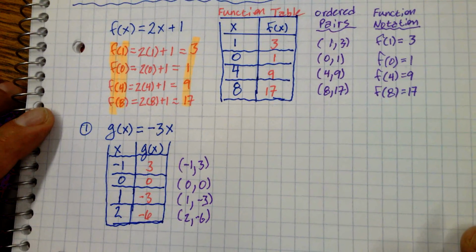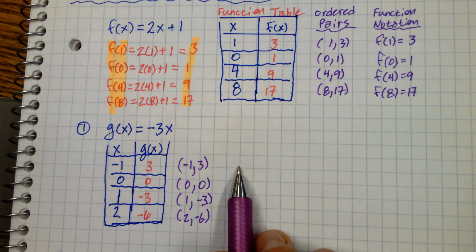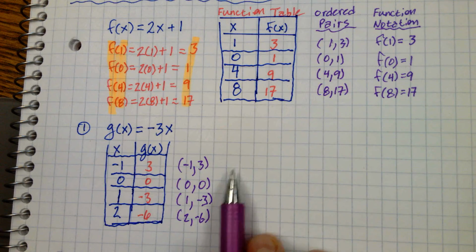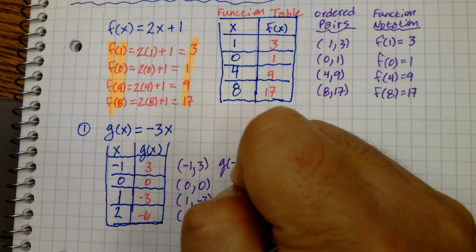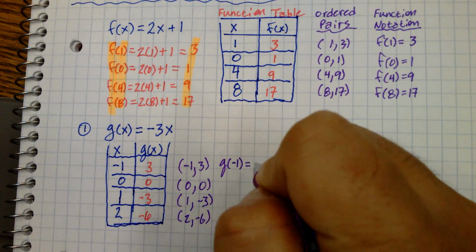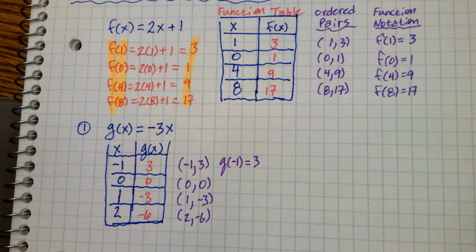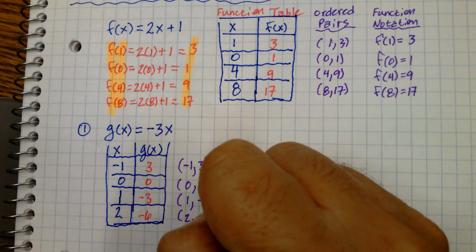You have to be careful though. How would we write our first ordered pair in function notation? G of negative 1 equals 3. Yeah, you're literally just taking these numbers. G of 0 equals 0.